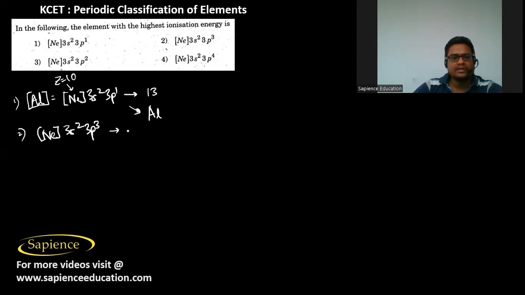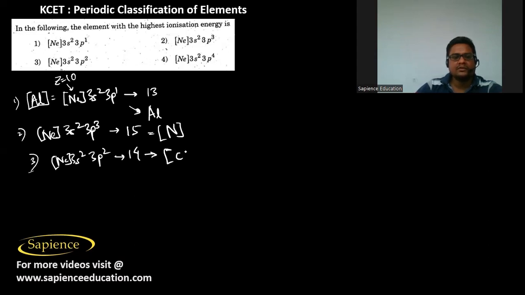So this one has atomic number 15. And the third one is neon 3s2 3p2. So it has the atomic number 14.